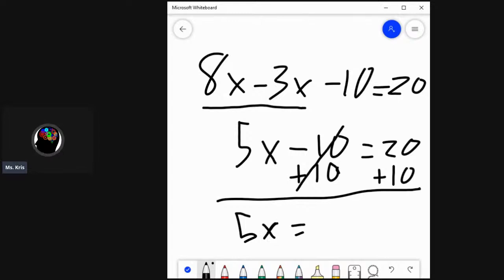Cancel out my minus 10 and plus 10, and that will equal 20 plus 10. That is 30. Then once I add those two together, I must divide by 5 on both sides. And of course, x is going to equal 6.